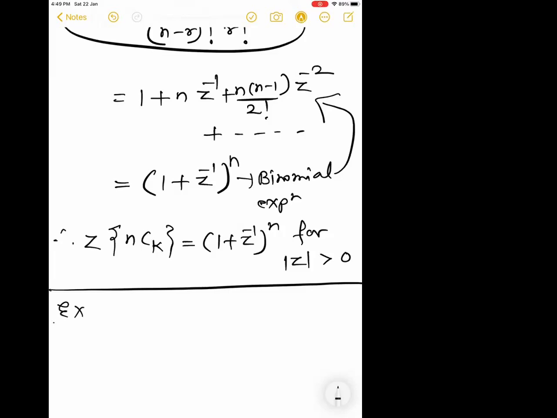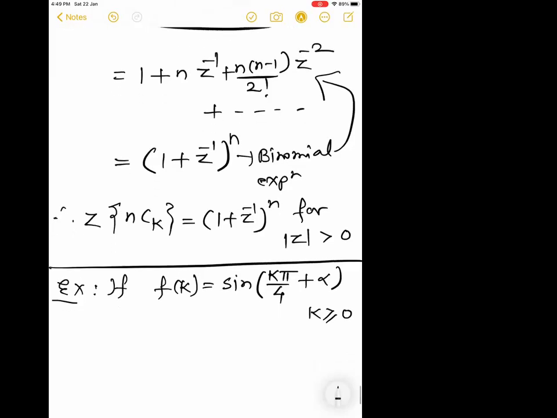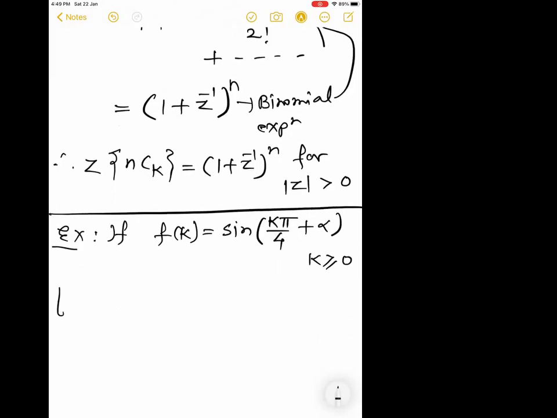As an example, if f of k is equal to sine of k pi by 4 plus alpha for k greater than or equal to 0, find its Z transform.